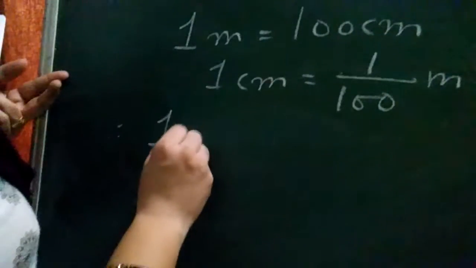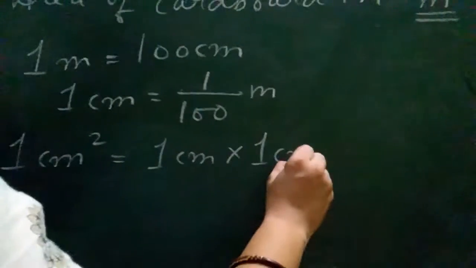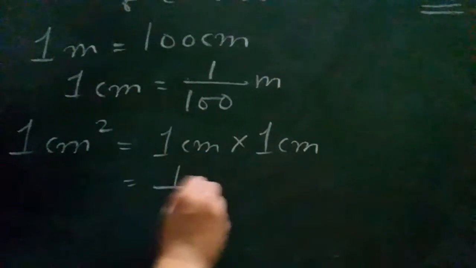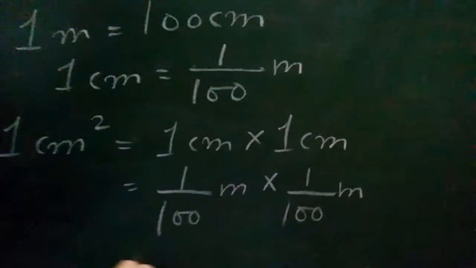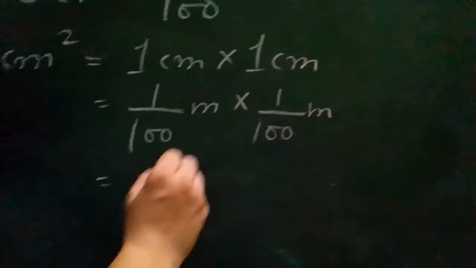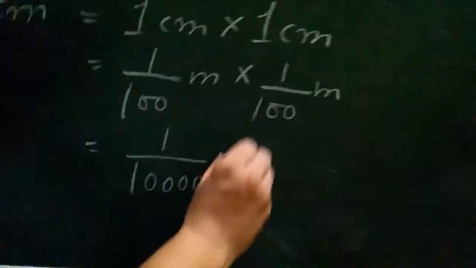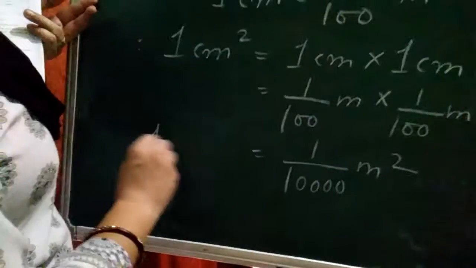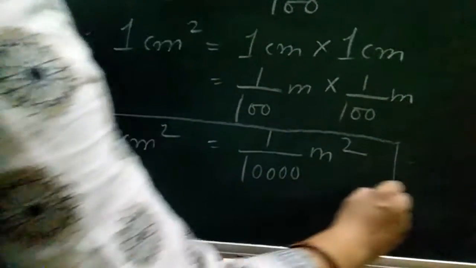Therefore 1 centimeter square is equal to 1 centimeter into 1 centimeter, which is 1 upon 100 meter into 1 upon 100 meter, and when you multiply it gives you 1 upon 10,000 meter square. Therefore 1 centimeter square is equal to 1 upon 10,000 meter square.